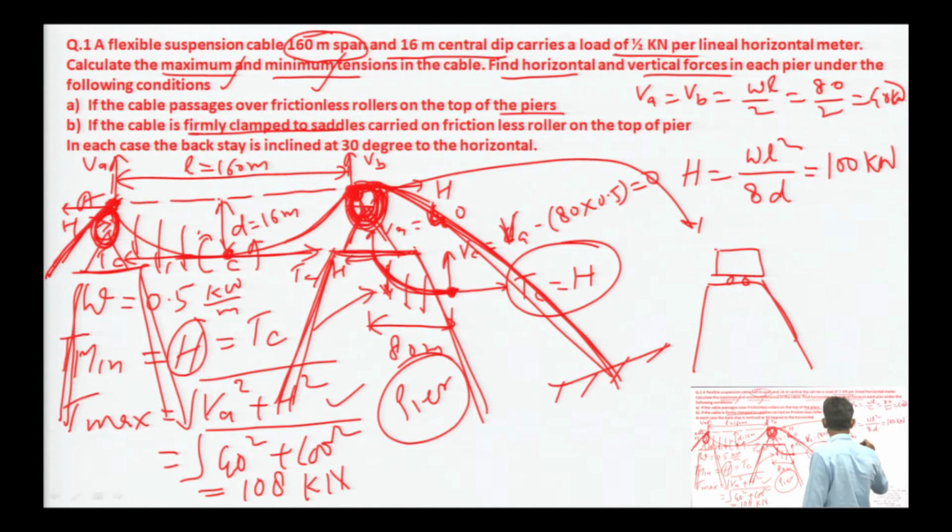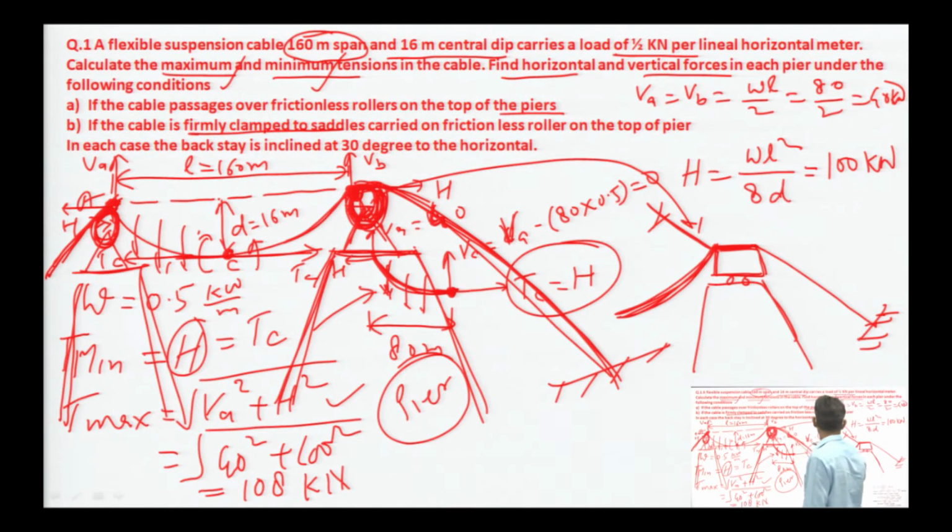So, this is the cable, and this will be arranged in this manner. In spite of the pulley, there is a saddle that acts as the roller support, that can move at this place.